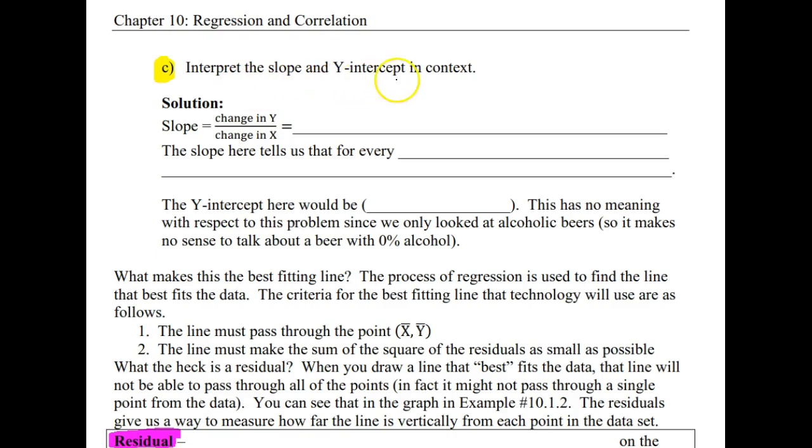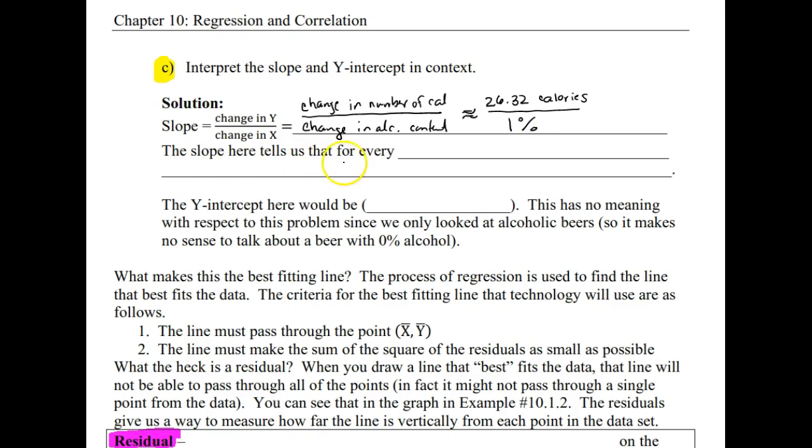Now let's interpret the slope and the y-intercept in the context of this data. Slope is change in y over change in x, which in this case is the change in number of calories over change in alcohol content. Rounded off, it is about 26.32 over 1, where the units are calories and alcohol content was a percent.